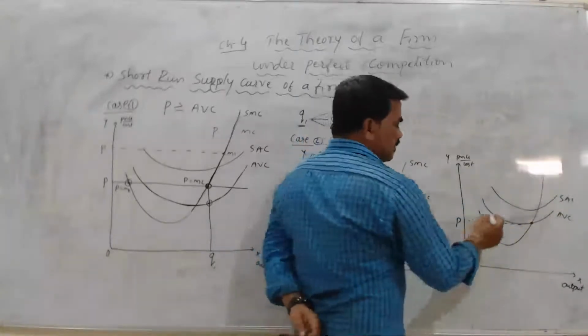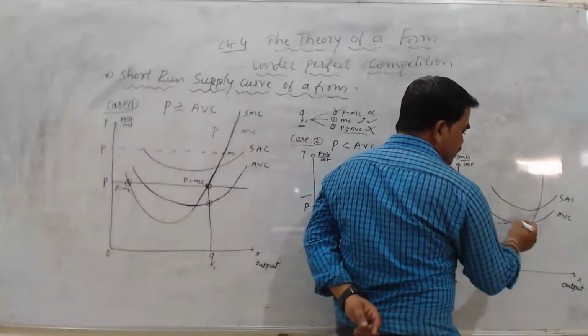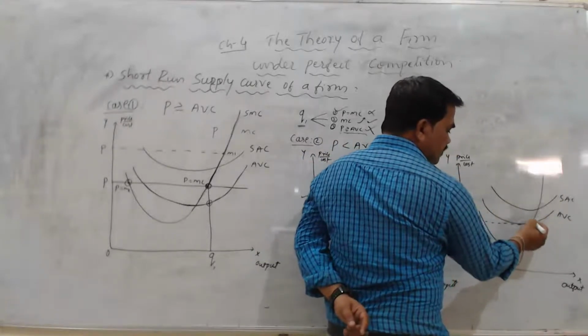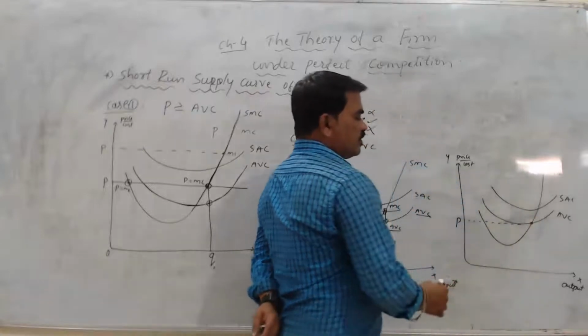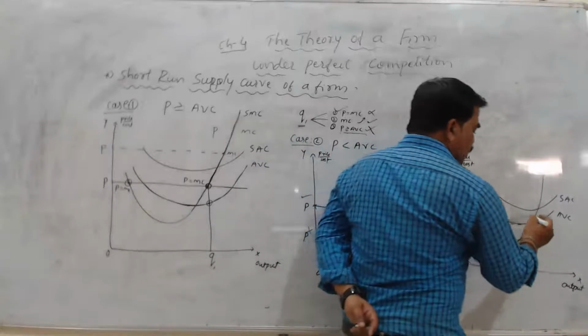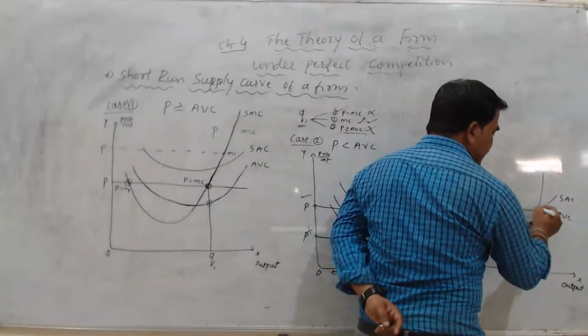Where the average variable cost curve cuts the marginal cost curve, at this intersecting point, if that is the price, then in the short run he will supply.